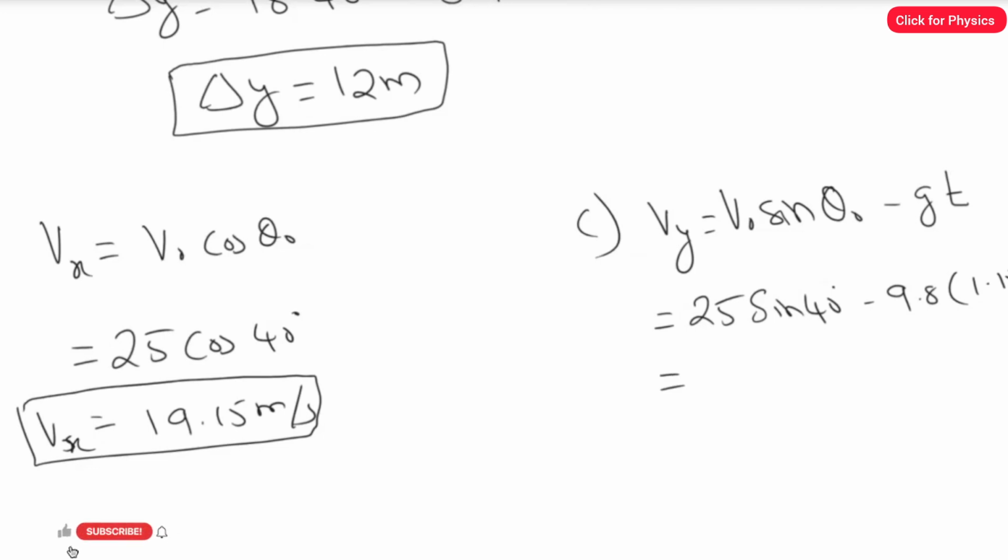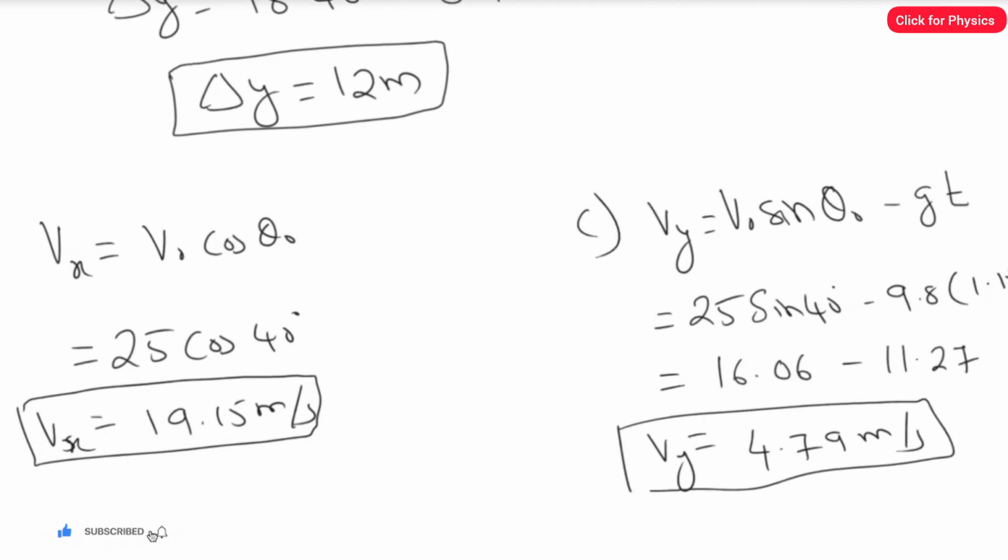So let's find the answer. 25 sine of 40 degrees is 16.06, minus 9.8 multiplied by 1.15, which is 11.27. 16.06 minus 11.27, the answer is 4.79 meters per second. That will be the answer for v of y.